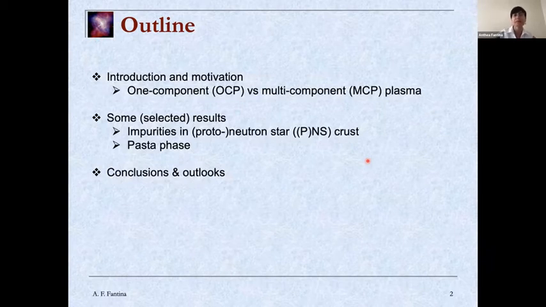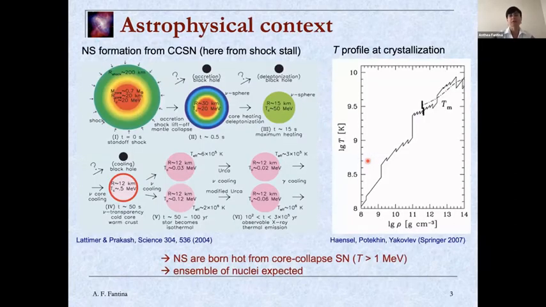So every one of us knows that neutron stars are formed hot from core-collapse supernovae, as it's sketched here. So you can see that at formation, their temperature is well above the MeV until they cool down, reaching finally their ground state catalyzed composition and structure.